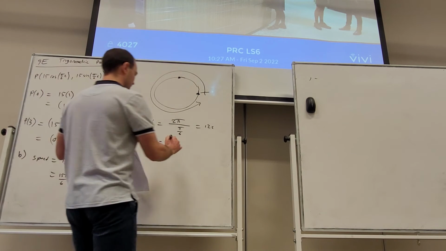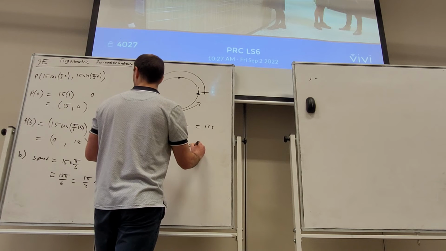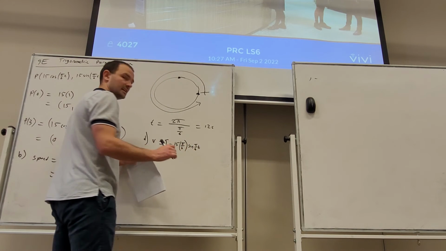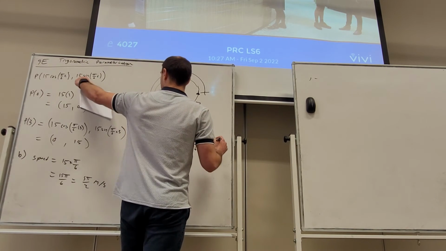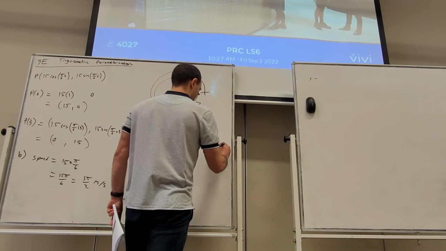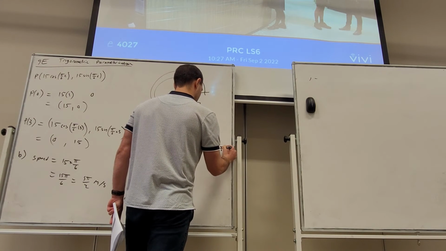So we're going to have negative 15 pi on 6 sine of pi on 6 t. And then the derivative of sine is positive cos, so we'll have 15 pi on 6 cos of pi on 6 t.